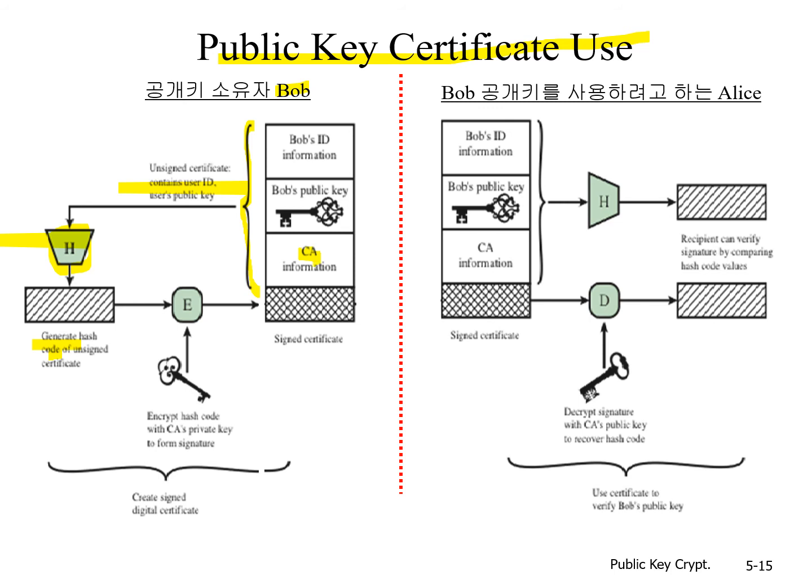And this CA encrypts the hash code with the CA's private key to form the signature. Then this total part, Bob obtains the certificate. And Bob publishes this certificate to other persons.